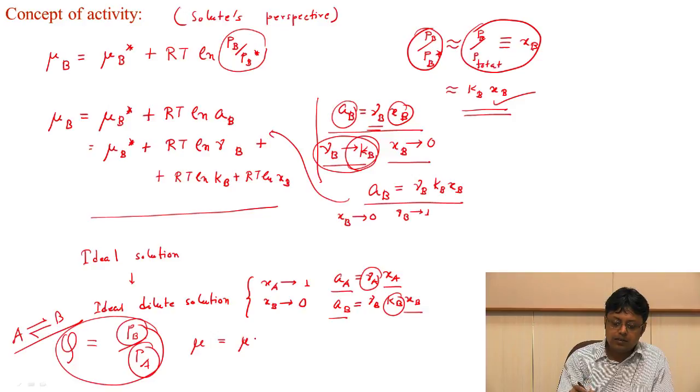instead of writing it in terms of pressure, we are going to write it as mu 0 plus RT ln activity of the solution.